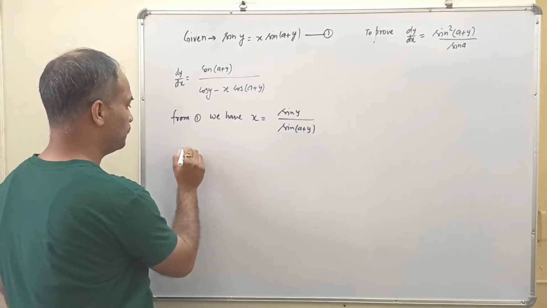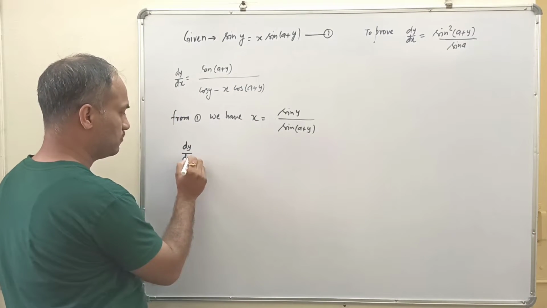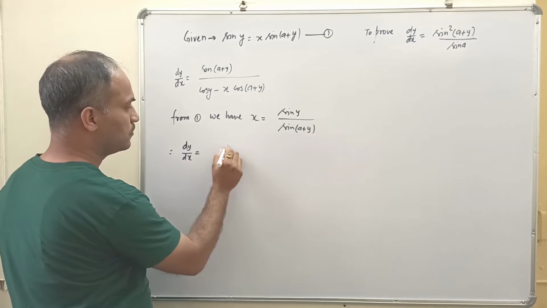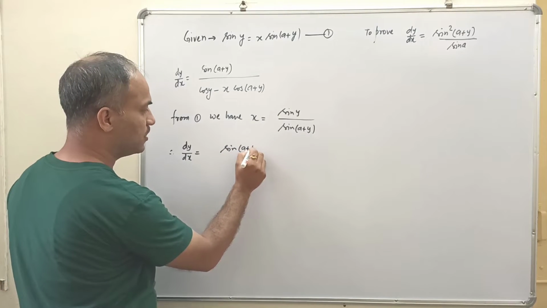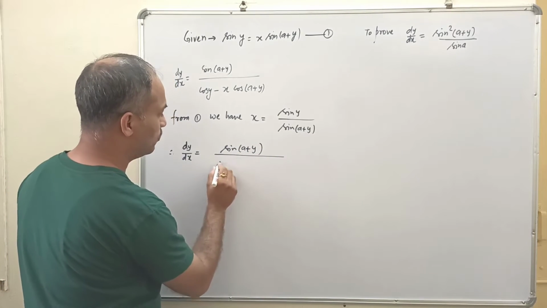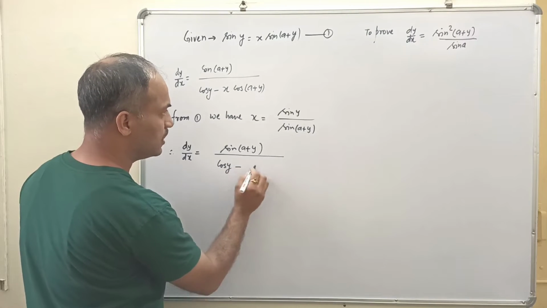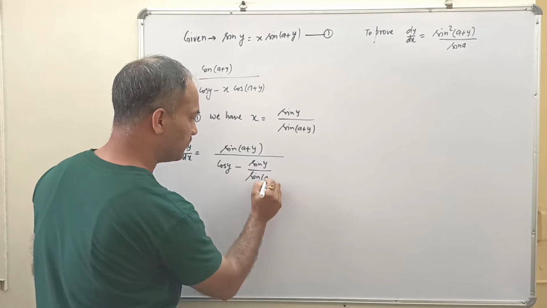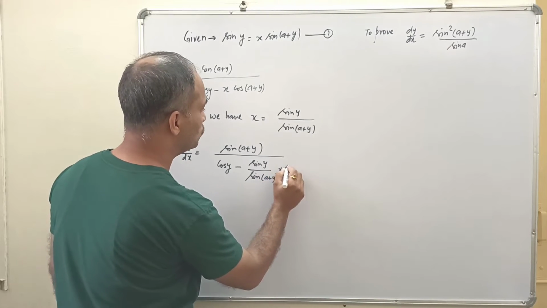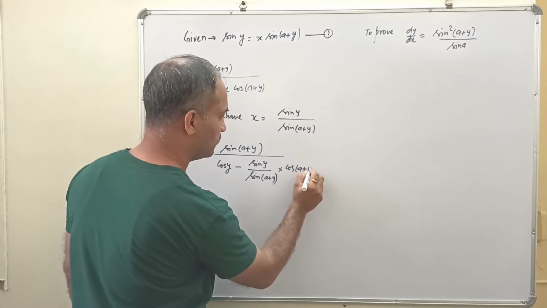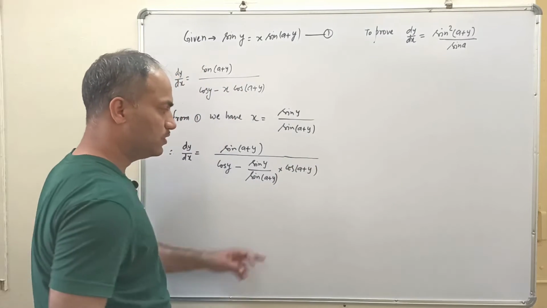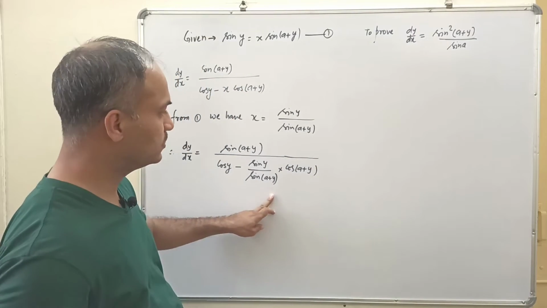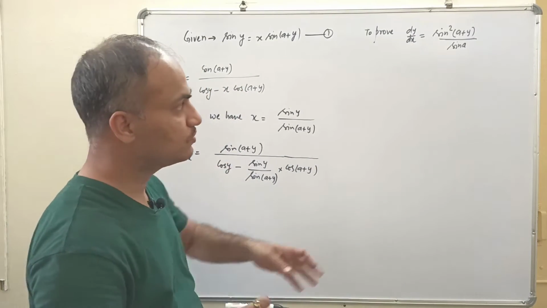So let us do. Sin(a plus y) whole upon cos y minus sin y upon sin(a plus y) into cos(a plus y). Now you can write this as cot also, but what you have to prove, just look at that.